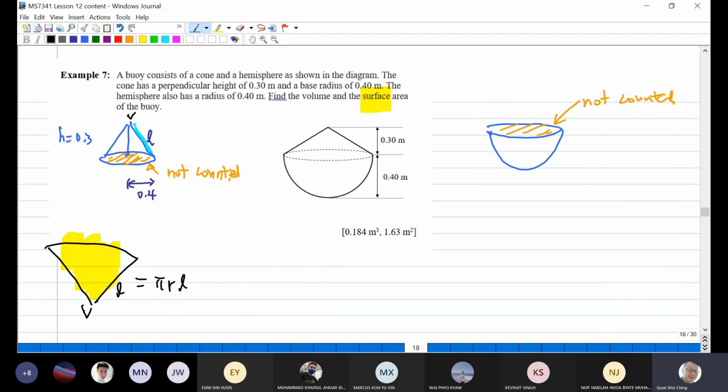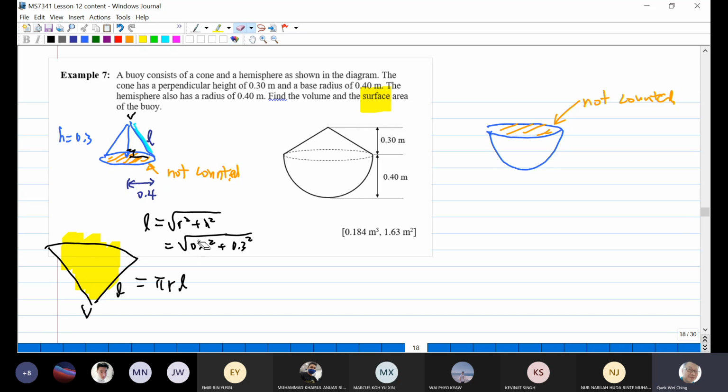But then what is L? L, using a right angle triangle, is equal to the square root of R squared plus H squared. So it's equal to 0.4 squared plus 0.3 squared.